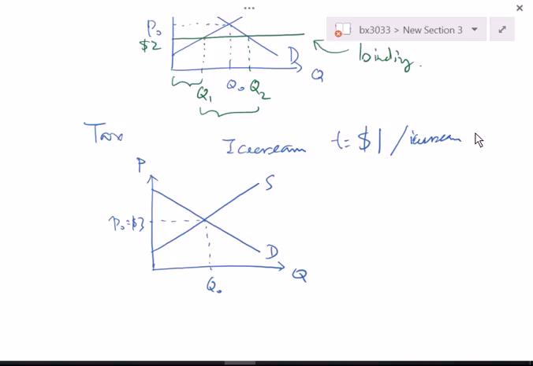There are two ways. First, let me change to another color.